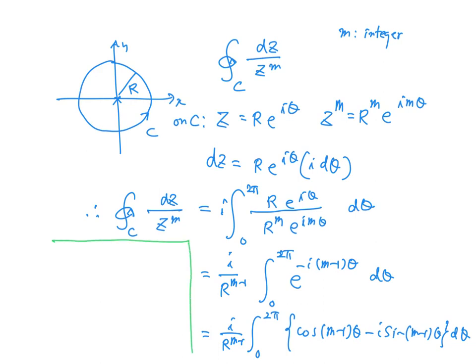What about this integral? So in general, as m is an integer, usually it is 0, right? But when m is equal to minus 1, what happens? Cosine 0 is 1. So this value is 2 pi.